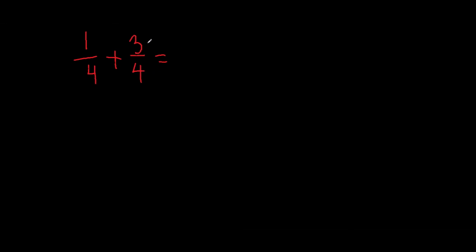So you just add the numerator. So 3 plus 1 is 4. The denominator stays the same. So 4/4 is the same as saying 4 parts of a unit carved into 4 parts. So that becomes 1.